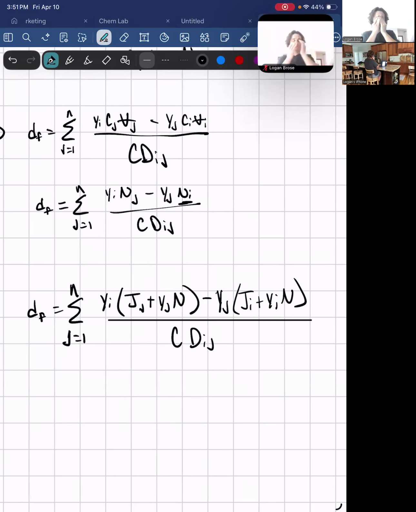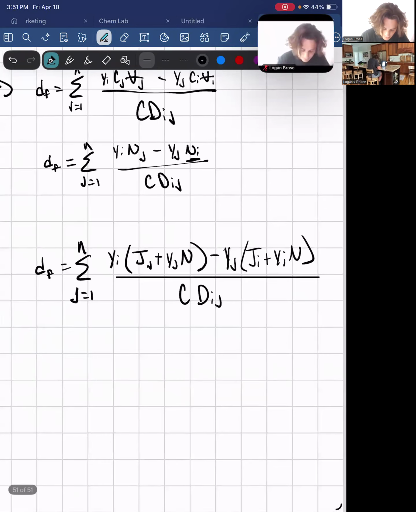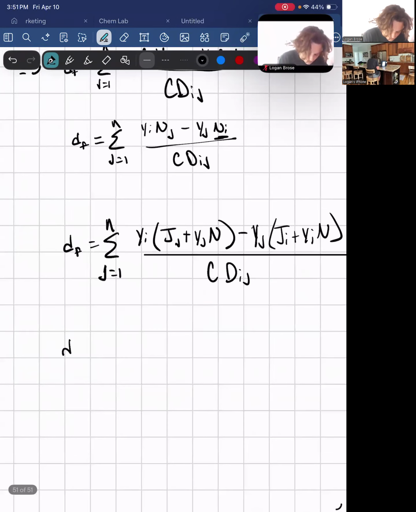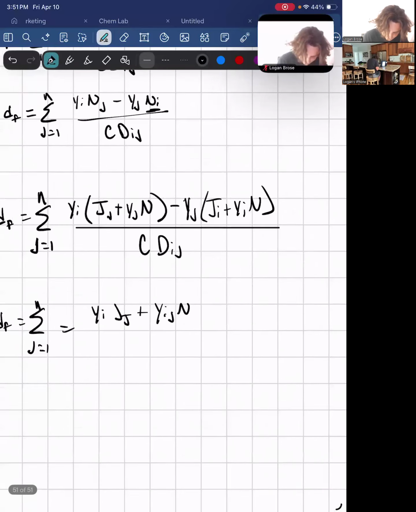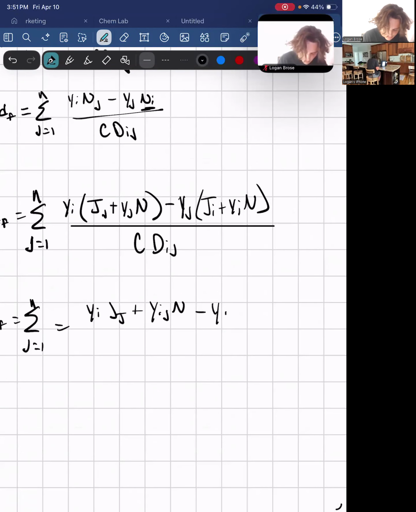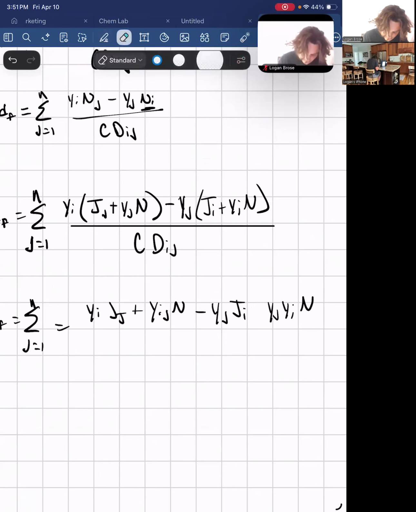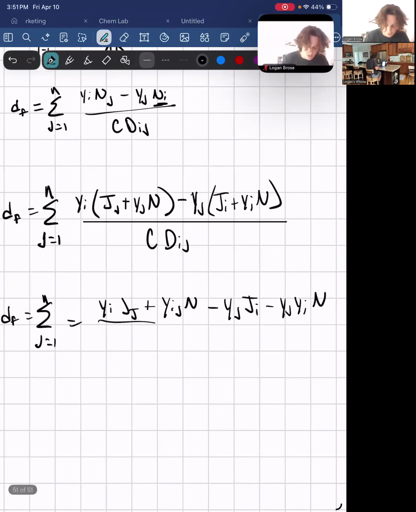And so we can multiply this out real quick. We have y_i J_j plus y_i y_j N, minus y_j J_i, minus y_j y_i N, so this is a minus, all over our C D_ij.